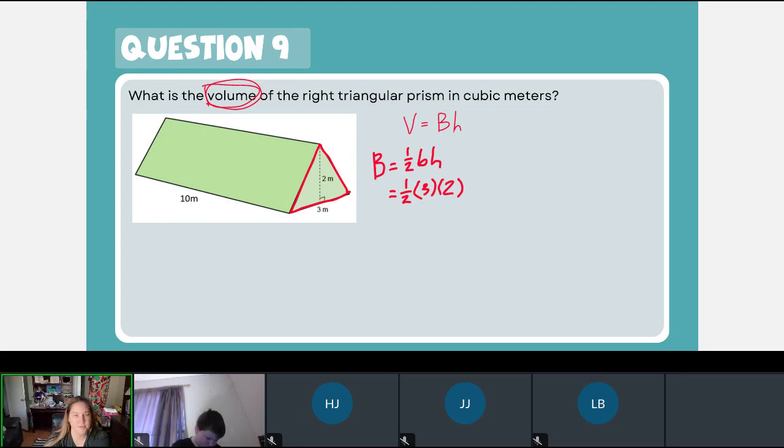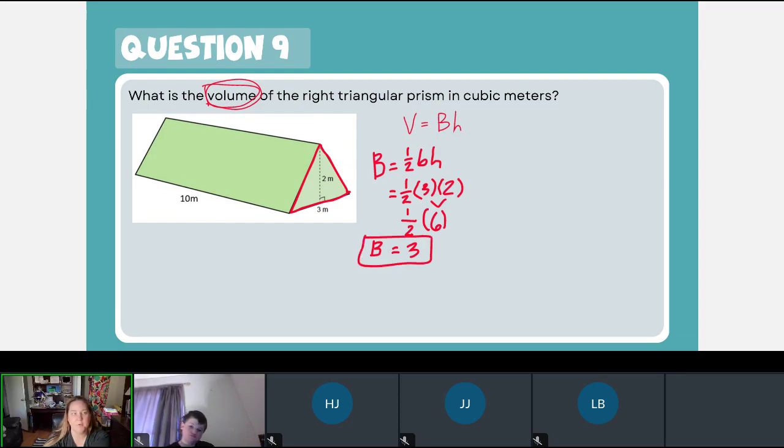Okay, what is 3 times 2? Good, Serenity. Skylar, it is 6. Then we bring that half down. What is half of 6? Very good, 3. So our base, the capital B, is equal to 3.